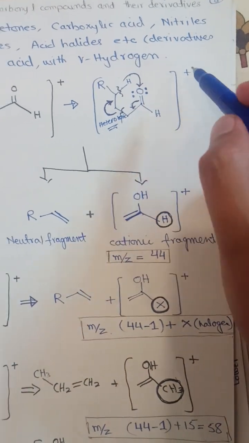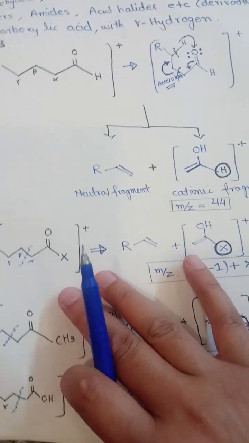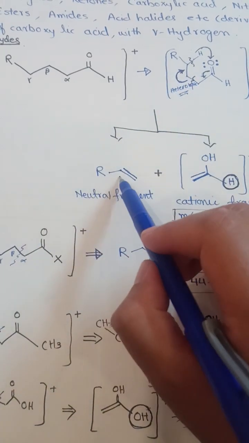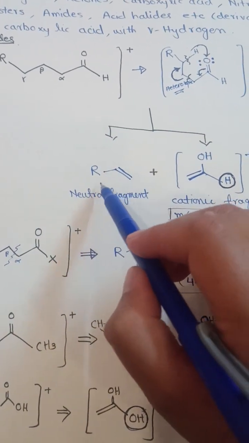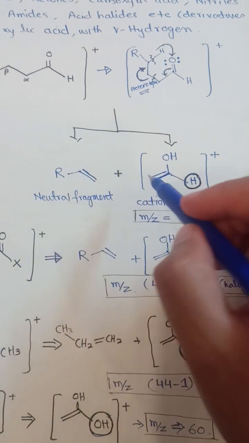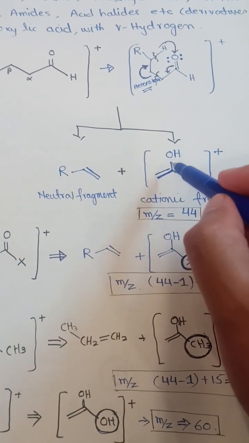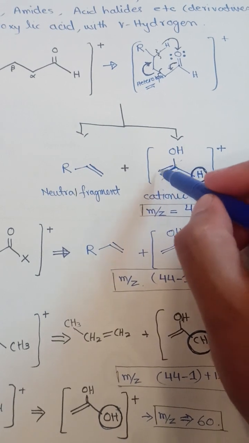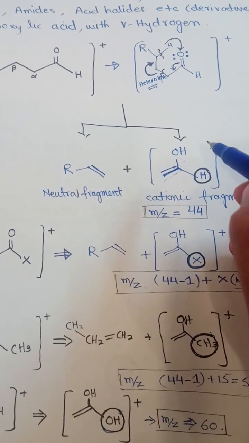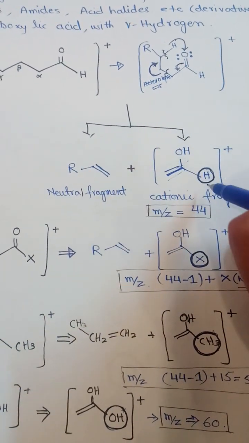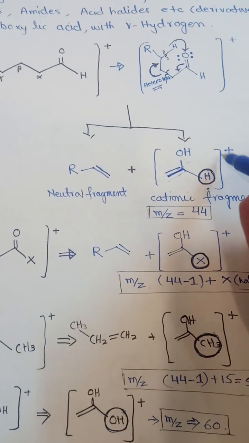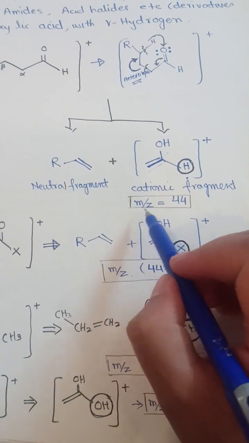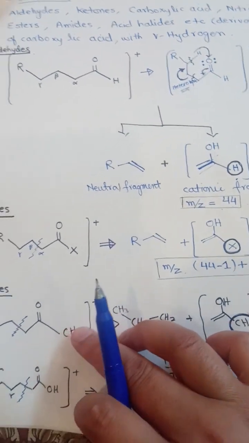So from this molecular ion peak, we will get a neutral fragment of R and this, a neutral alkene fragment, and then we will get an enol group. So this is our enol hydroxyl group and this double bond, and due to the aldehyde group we have hydrogen. This will give us a cationic fragment, and the mass to charge ratio will be 44.